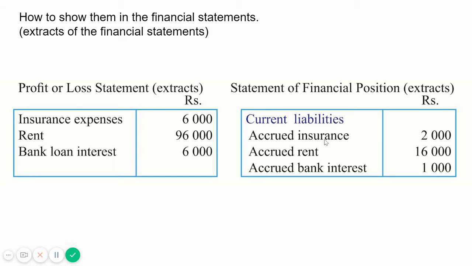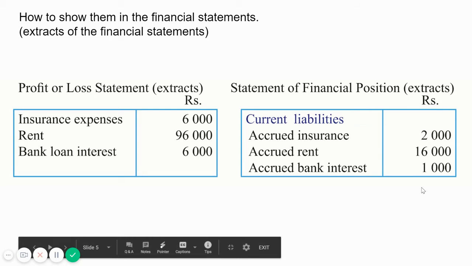So it is our duty to indicate it under current liabilities. So thereby the insurance expense, 2,000, they have not paid during the period. Rent, 16,000, they have not paid during the period. And the bank interest, 1,000, they also have not paid during the period. So these will be paid in the next accounting period. So until then, they will be treated as current liabilities. It's very, very simple. Okay.